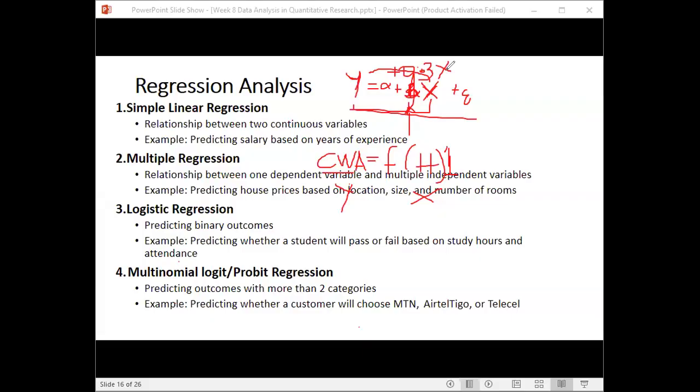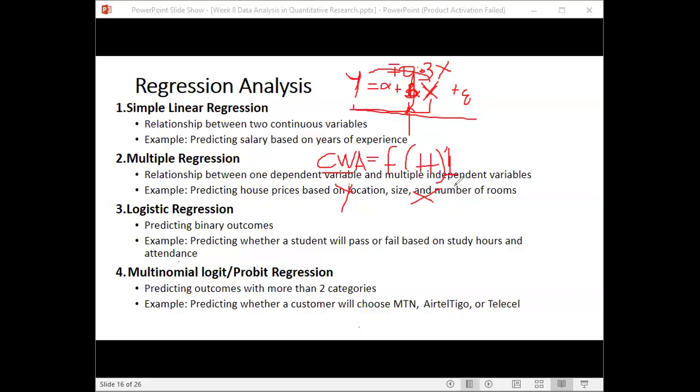Okay. And so that's what regression is supposed to do. You have two variables. You are trying to understand one variable from one other variable. So normally when you are setting your topics, the effect of this on this, that is all you want to find out. How is the effect measured? Is it a positive effect or is it a negative effect? Assuming I did this and I got negative 0.3x.